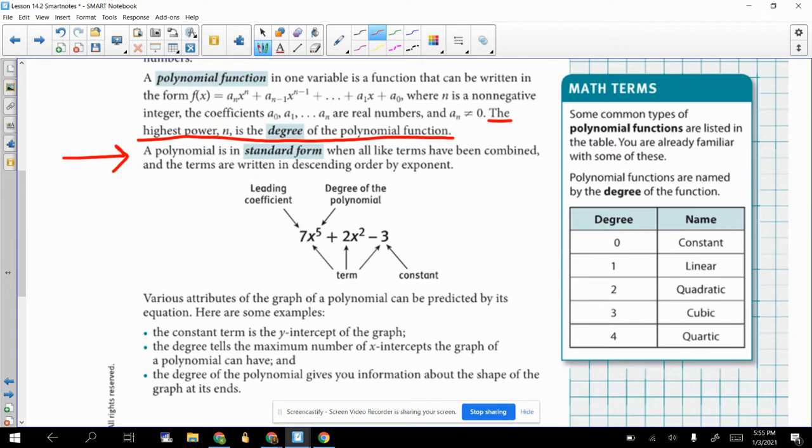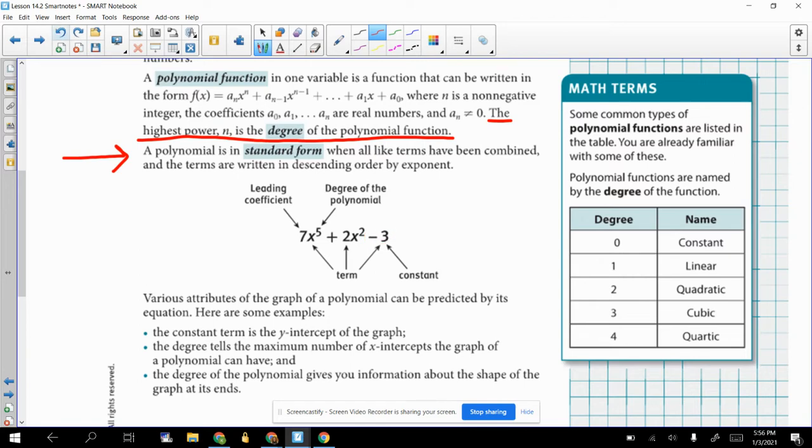And if we take a look at this example they gave us, we have 7x to the fifth plus 2x squared minus 3. So first of all, that is in standard form because we have x to the fifth, then x squared, then no x, right? So it's in descending order. We're good to go, okay? We know that each of these are called a term. So this polynomial has 3 terms. We know that this last term is called your constant, okay?